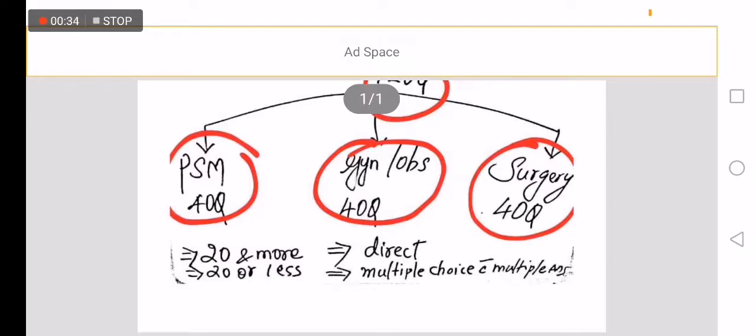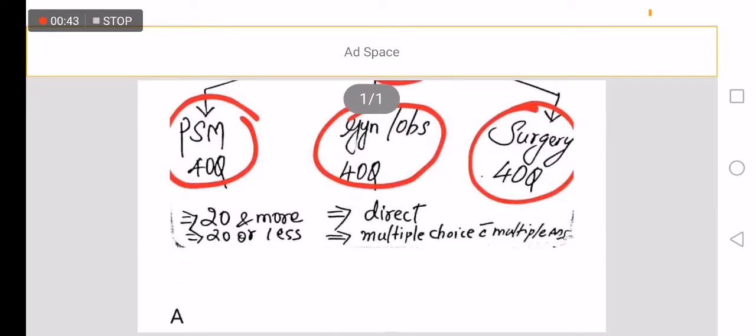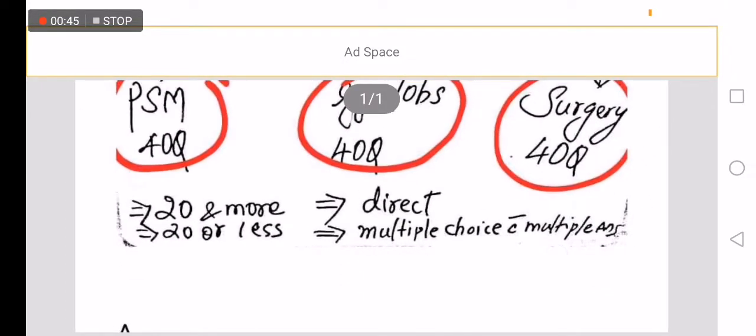In each category we can get 20 or more questions as direct questions, and the remaining questions as multiple choice with multiple right answers.